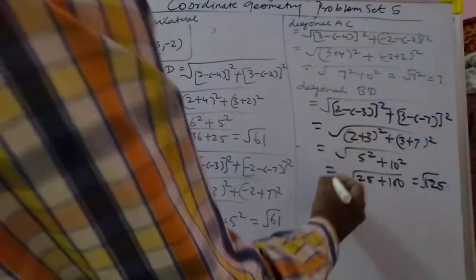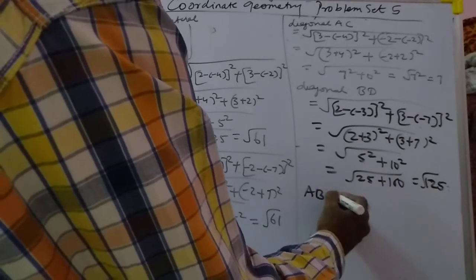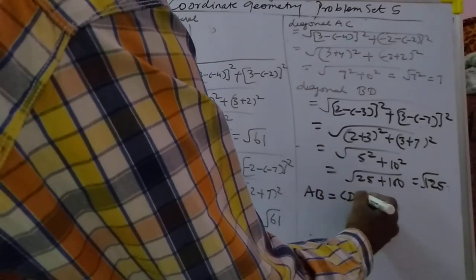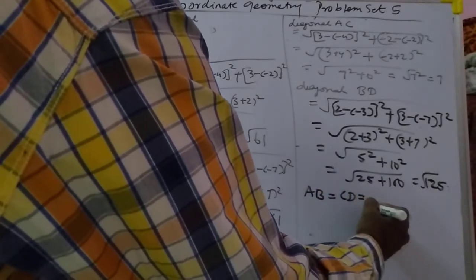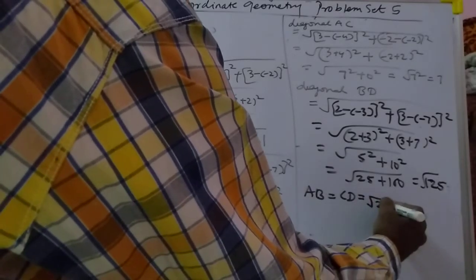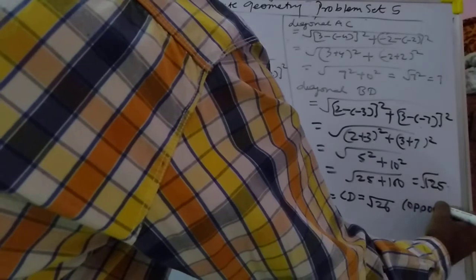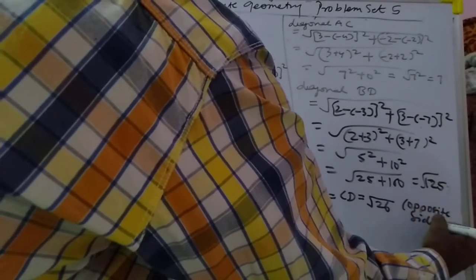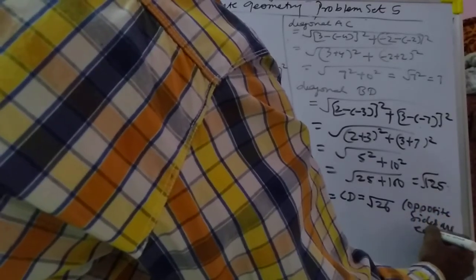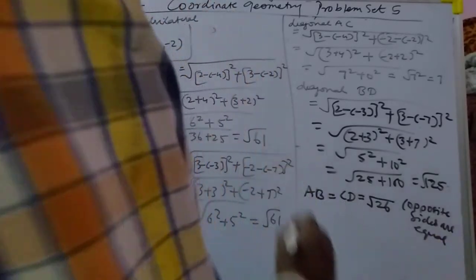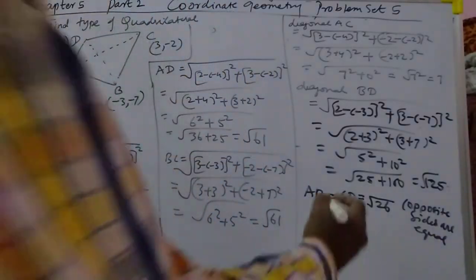Okay, now AB is equal to CD, that is equal to root 26, so opposite sides are equal. And we also got this AD and BC, okay.